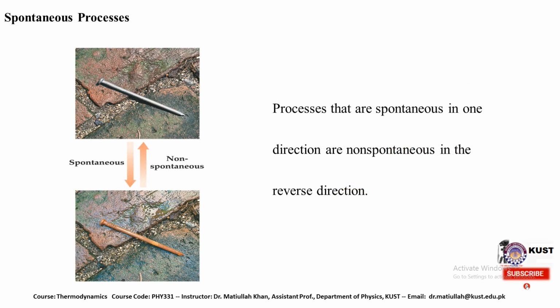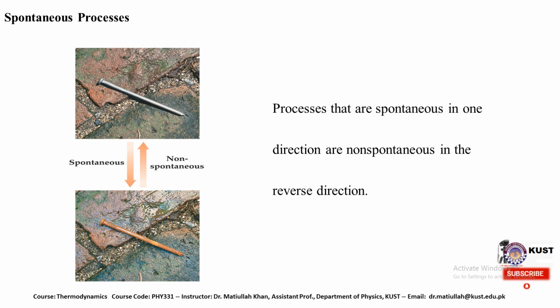We have another spontaneous process, which occurs in one direction but is not spontaneous in the other direction. Just like a metal rod whose surface becomes oxidized due to the reaction with the atmosphere, but if you want to clean it, it will not occur automatically.